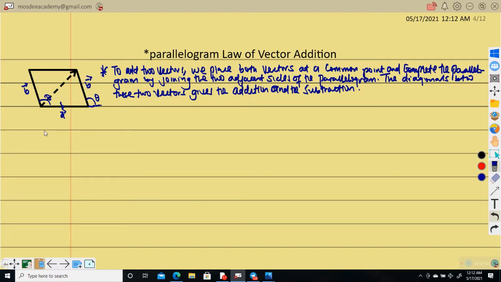The line joining these two is called the diagonal, and this is the resultant vector, which we call the C vector. Remember, C vector will always have a magnitude of what? And a direction of an angle, which I will call what? Alpha.